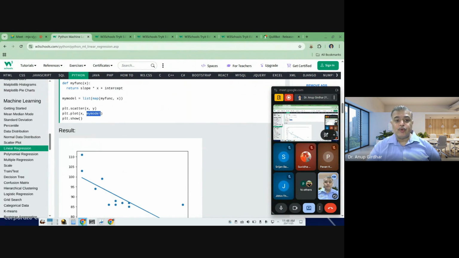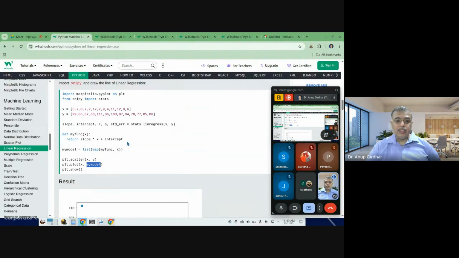So first you make a scatter plot of x and y, and then plt, which is the object we selected. Then plot x, and for each x coordinate we find the value for y. And accordingly, you will get the line, and you can show these kinds of things.